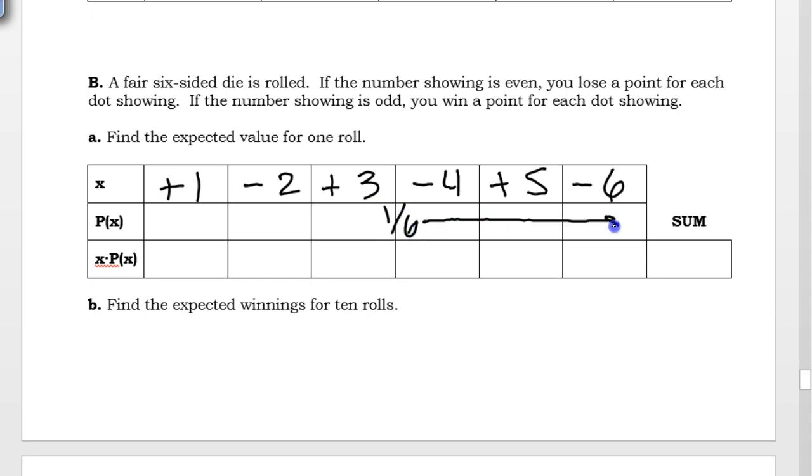So rather than write those all out, I'll get a little lazy. But we're going to do the same process from above. We're going to multiply each of these. I'm rounding to the nearest thousandth.